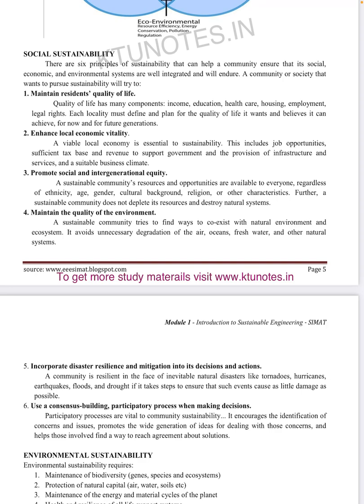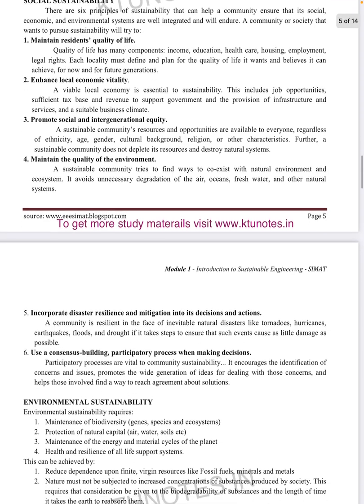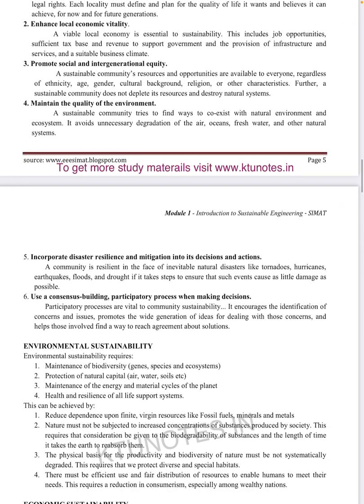Next, maintain the quality of environment. A sustainable community tries to find coexistence between the natural environment and ecosystems, maintaining the quality of environment. That mainly discusses how good a quality of air we would like to breathe. This social sustainability mainly gives the quality of life that we are living.